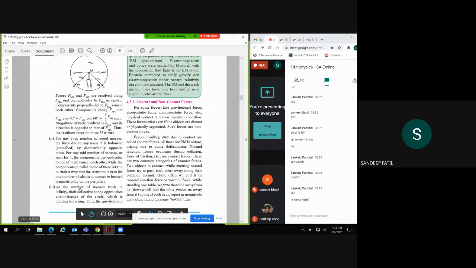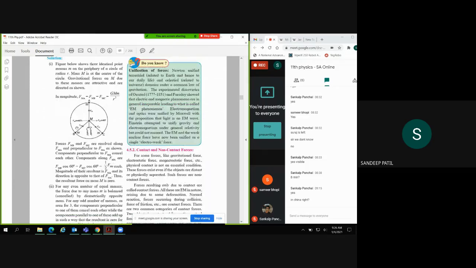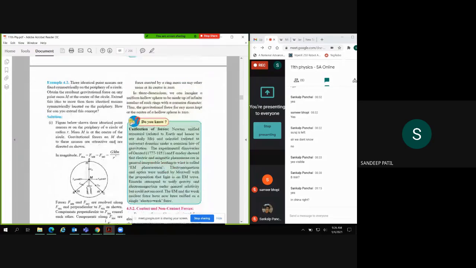As the number of masses tends to infinity, suppose there are a lot of point masses, the shape approaches the circumference of a circle. So it will be considered a circular ring. In a circular ring, the resultant force at the center will be 0. The force exerted by the ring mass on a mass at the center is 0.